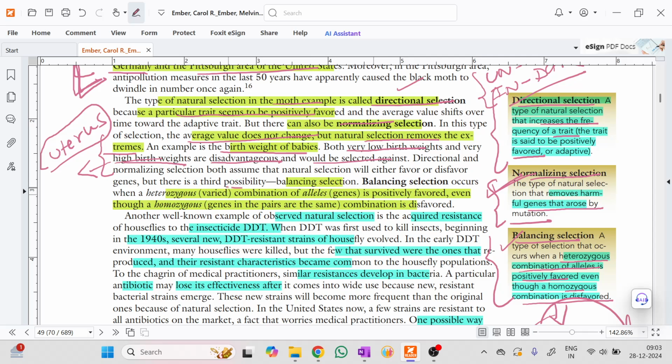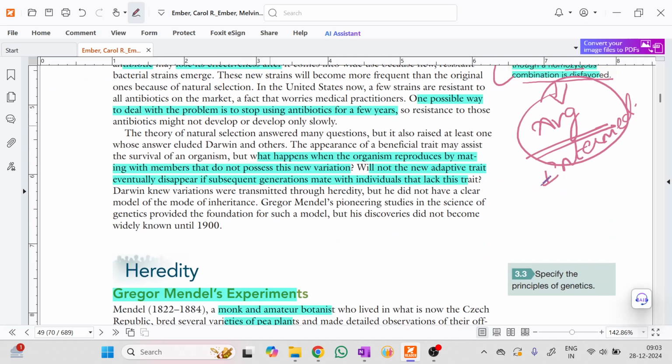Then comes the third possibility, that is balancing selection. It occurs when a heterozygous combination of alleles is positively favored even though homozygous are disfavored.